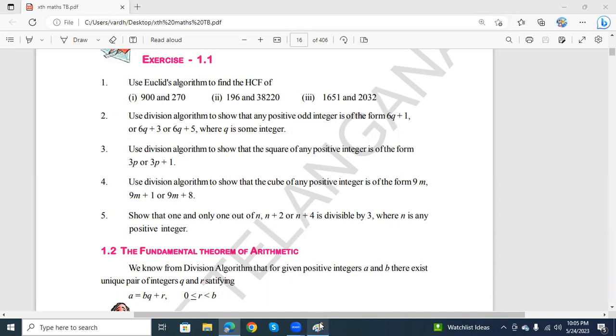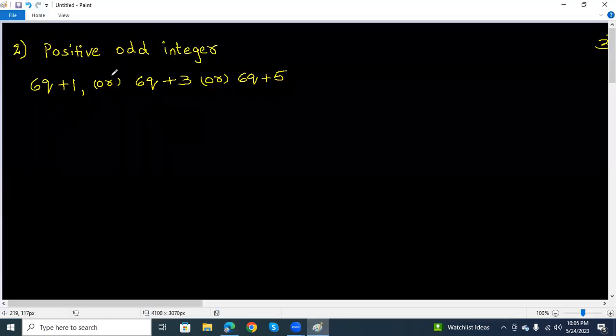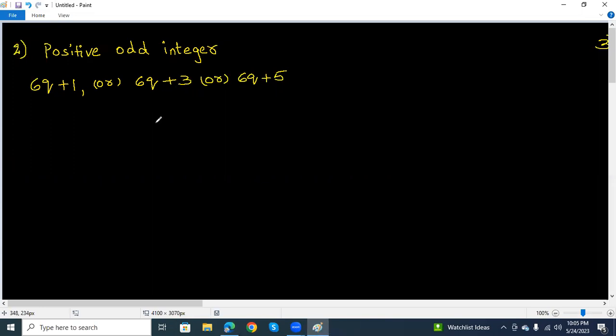So let's put it up on the board. So this is the question. They told us that any positive odd integer will be in the form of 6q plus 1, 6q plus 3 or 6q plus 5, by using division algorithm.